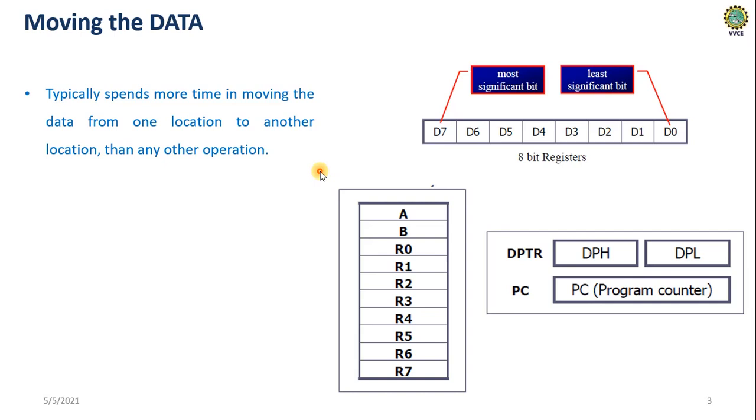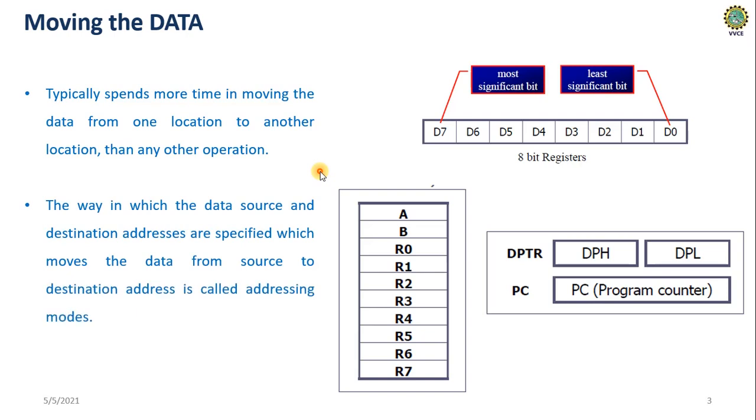So how do we deal with this? How to move the data from one location to another location? For that, because the locations may be of different types, you may be dealing with some registers. Locations may be registers, or memory, or some pointers like DPTR, program counter.